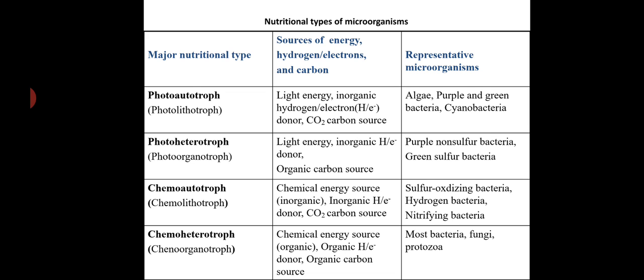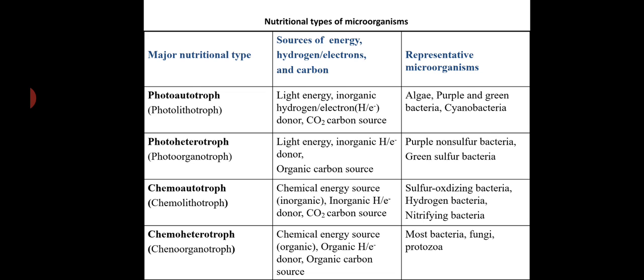Normally, heterotrophs need organic carbon, but these need light. For such bacteria, the source of energy is light, inorganic hydrogen is the electron source, and carbon is from an organic carbon source. Examples of this group are purple non-sulfur bacteria and green sulfur bacteria.